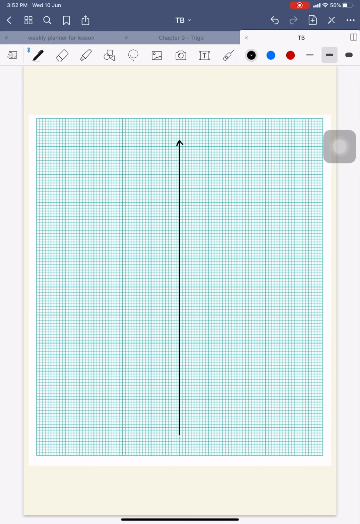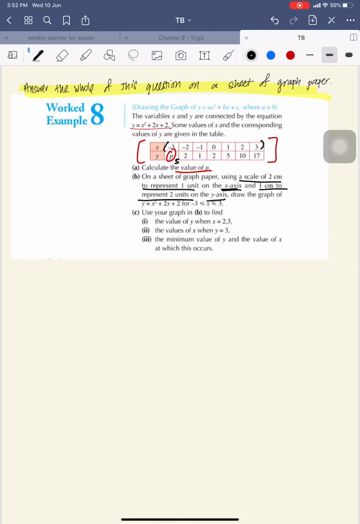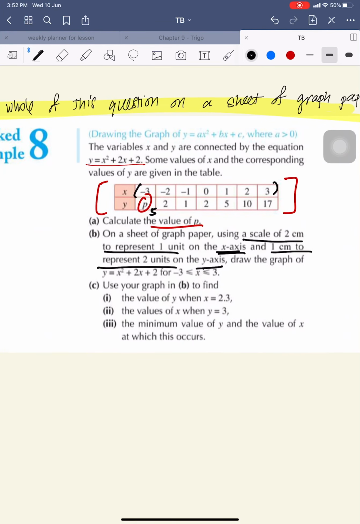So that you have enough space for your x. Now this is a very rough working. Next I need to decide where to put my x-axis. So I look at my y values. You notice that your y values have no negative values at all.